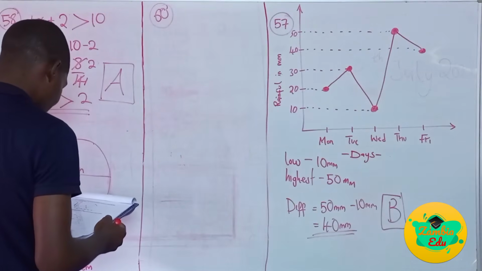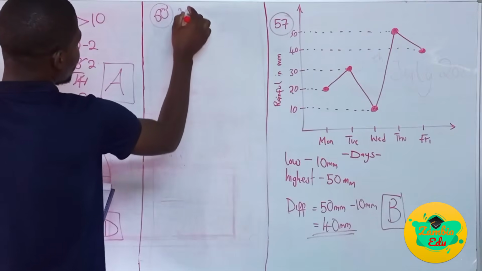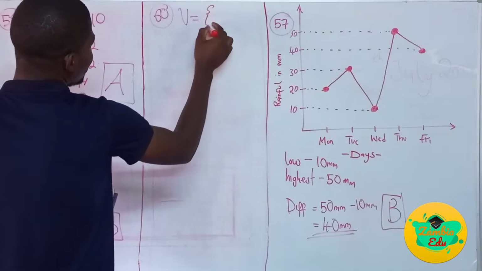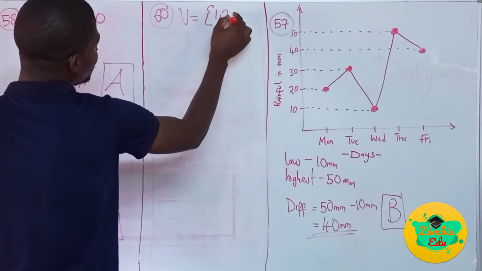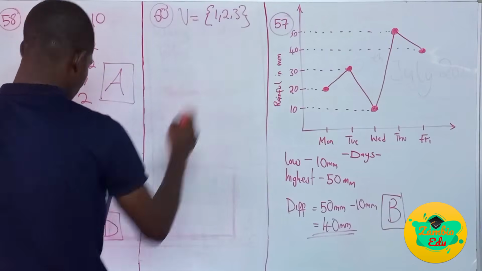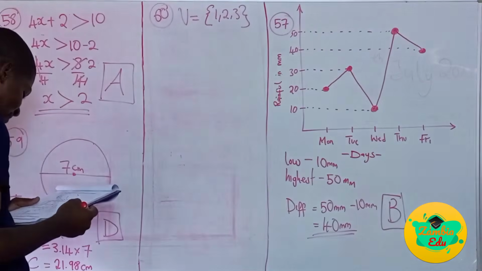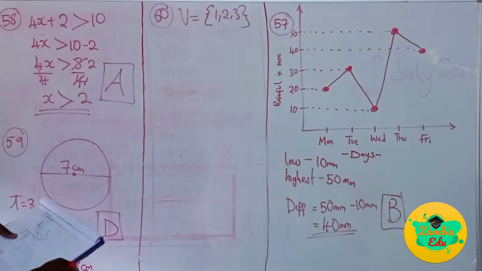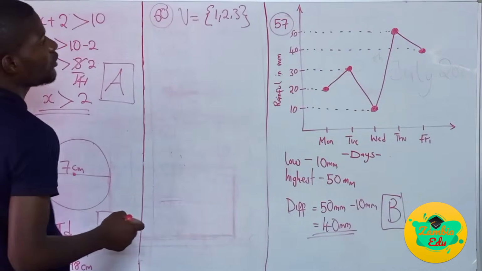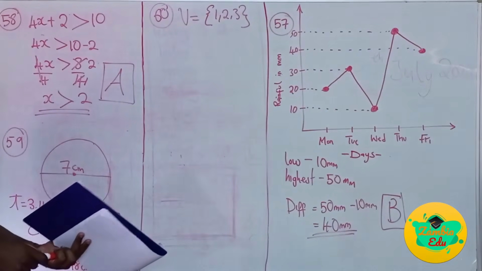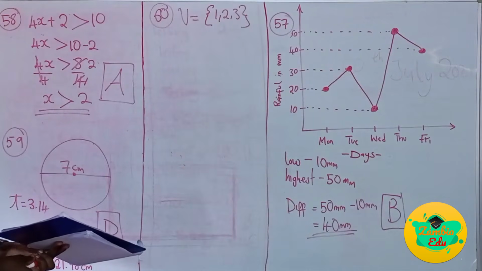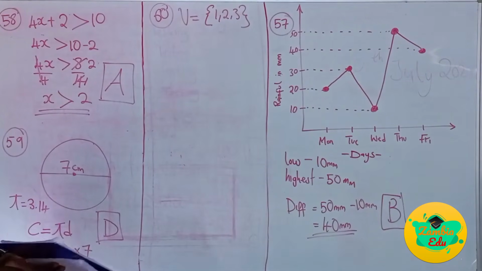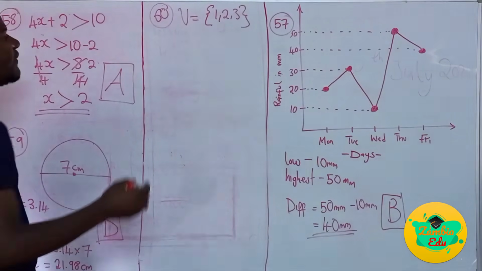Our last question says set V has 3 elements, 1, 2, and 3. How many subsets does it have? There are 2 ways you can find the number of subsets. Way number 1 is to use the formula.